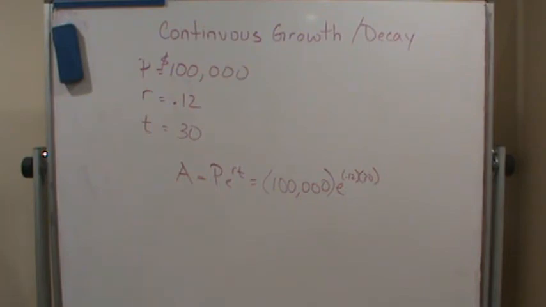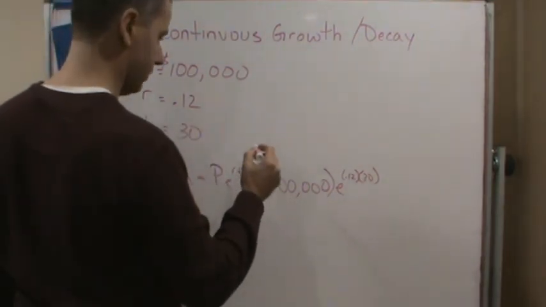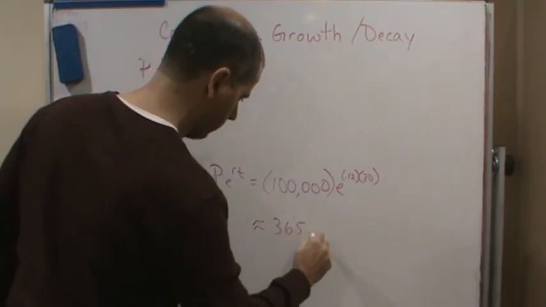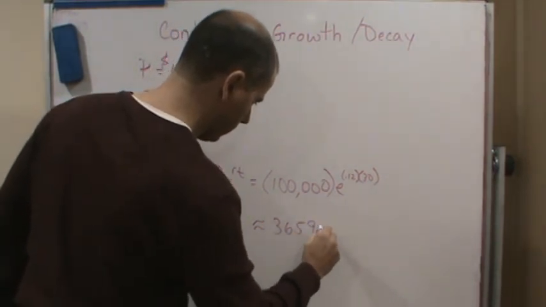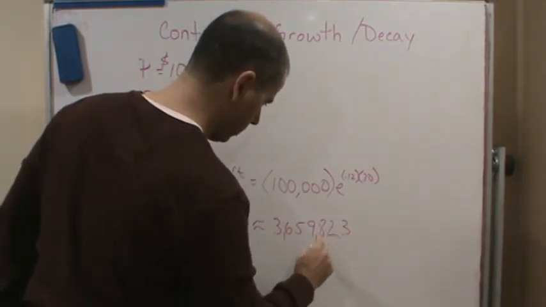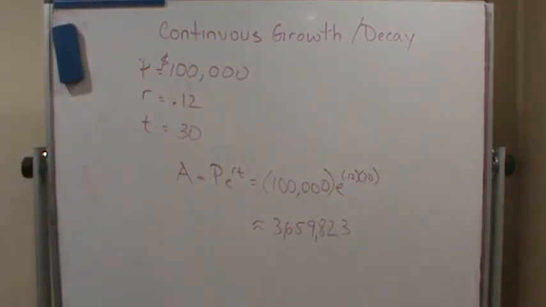So you'll have 3.659 million, so I'll round to the nearest dollar. So you'll have about $3.6 million.